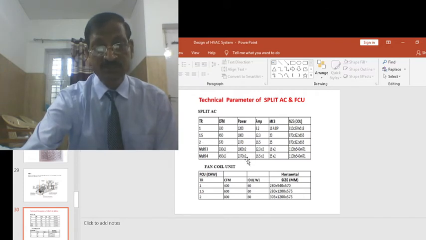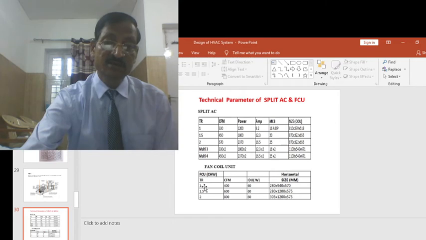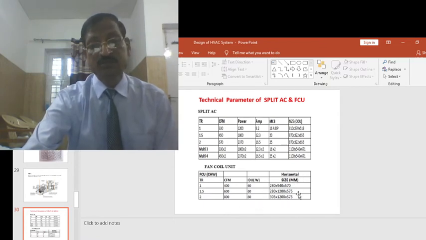This is power consumption for different type of units, ampere current rating, the size of the MCB and size of the outdoor unit. In case of fan coil unit, these are the tonnage 1, 1.5, 2 ton, this is the CFM, this is the power consumption of indoor unit. For example, 1 ton 60 watt, for 1.5 60 watt, same. And this is size of the indoor unit.